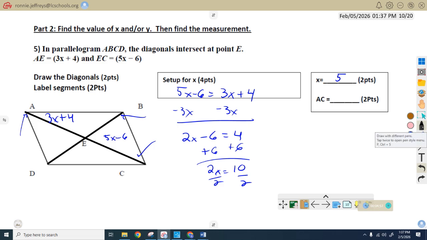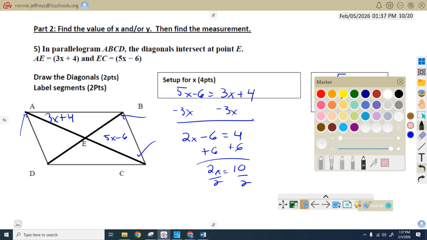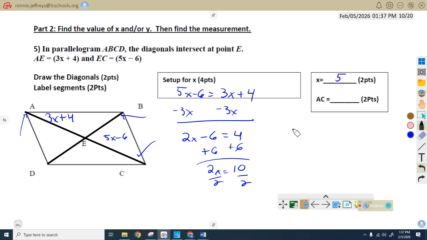So, if you ask me, WWJD, what would Jeffries do? I would take the easiest one. 2 times, 3 times 5 is 15 plus 4, 2 times 19, 38.